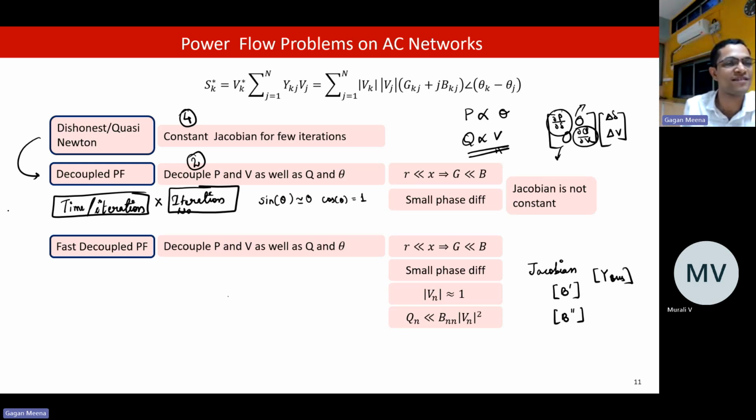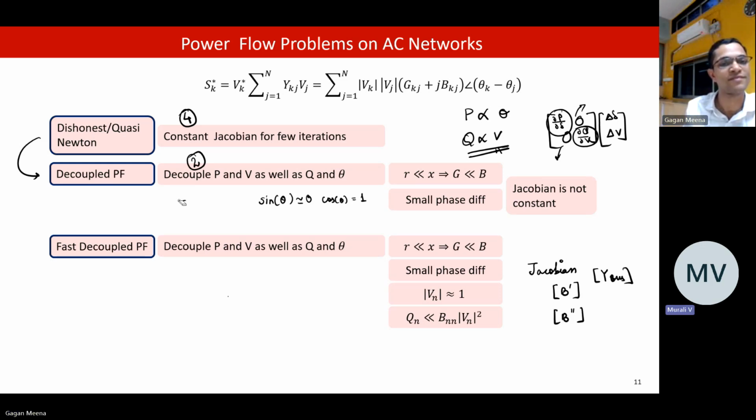I think I had that. I don't remember whether it's decoupled or fast decoupled, but the time required becomes around 1/8 of that compared to Newton-Raphson. So time per iteration certainly reduces a lot.